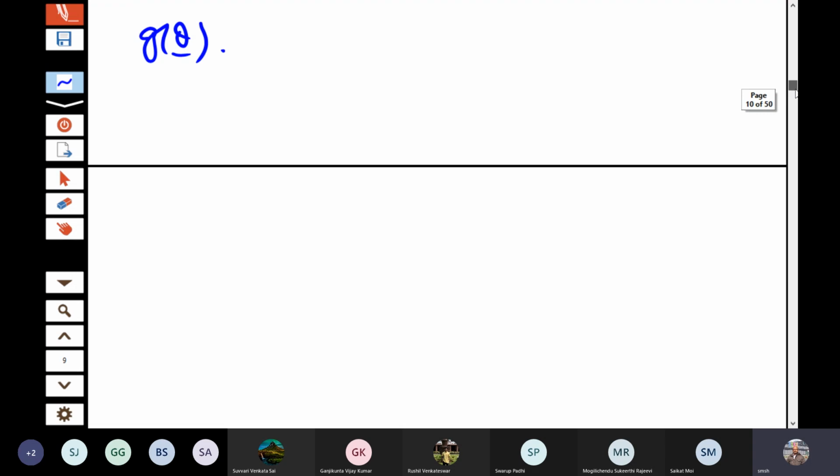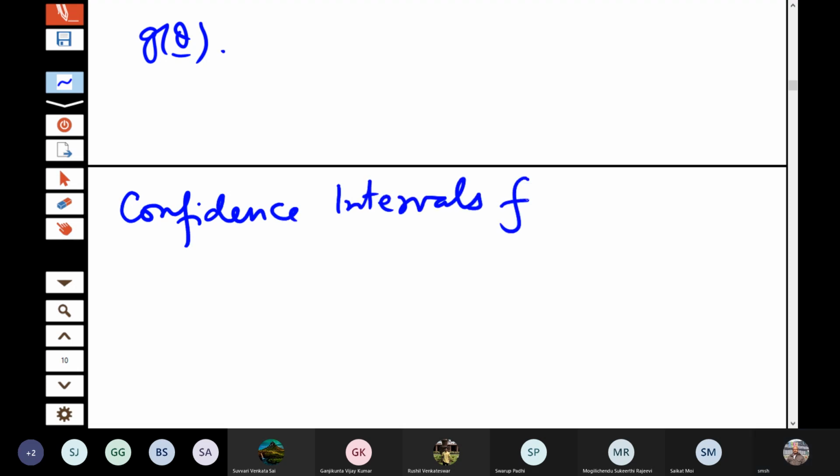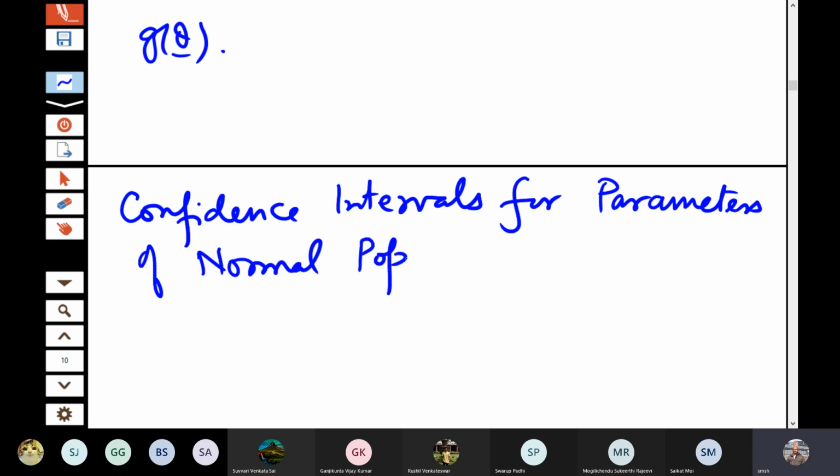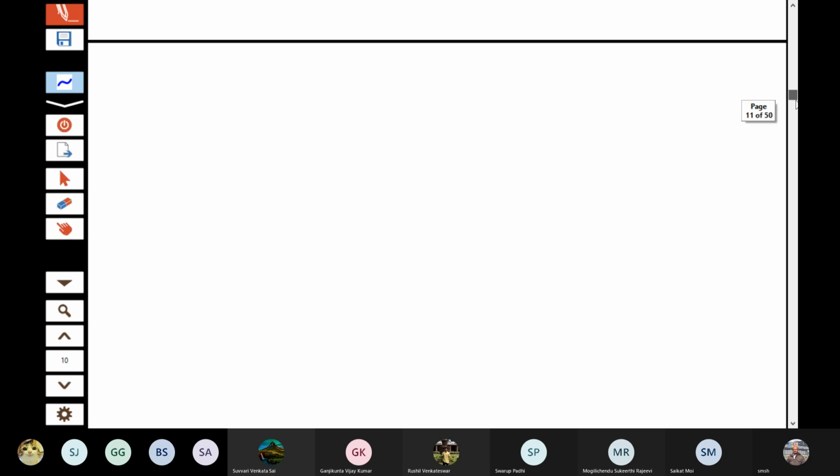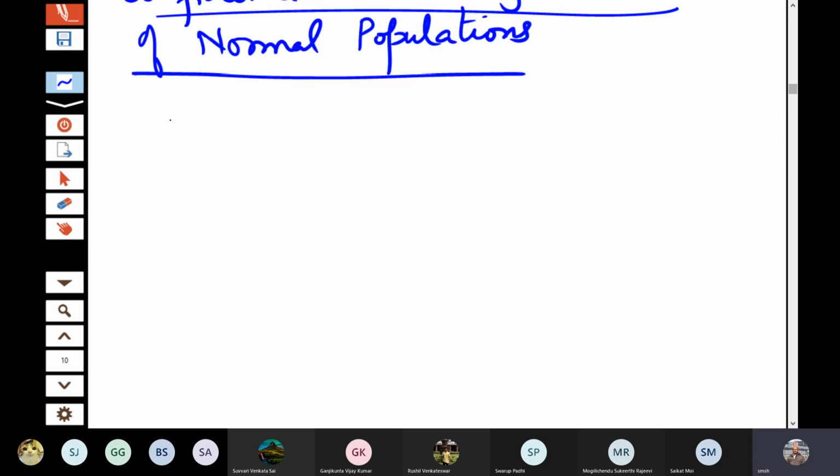So in general, let me start with the normal distribution. Confidence intervals for parameters of normal populations. So X1, X2, ..., Xn is a random sample from normal(mu, sigma square).